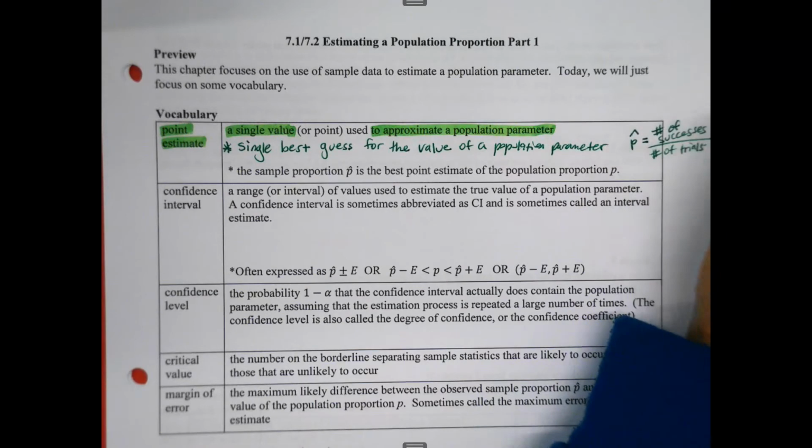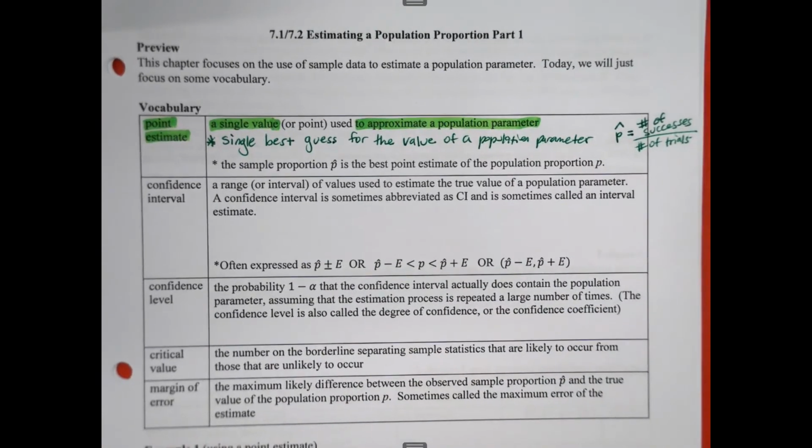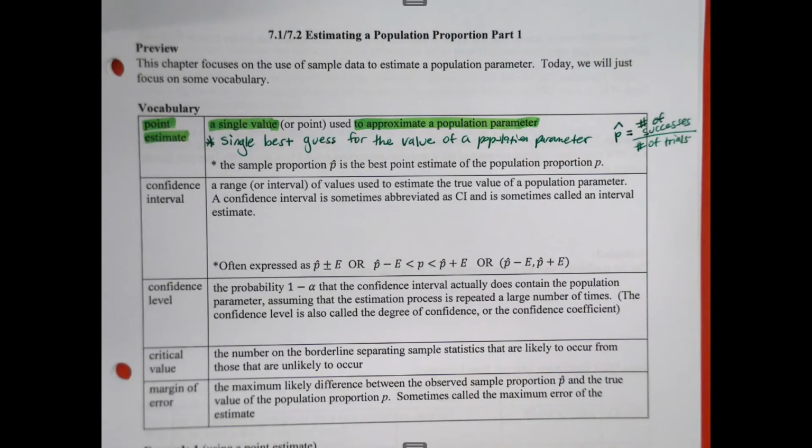This was like our experimental probability back in the probability chapter. It is the best estimate we have for our population proportion, just like the best guess for a population mean, mu, is going to be x bar. However, they are almost certainly going to be a little bit off.